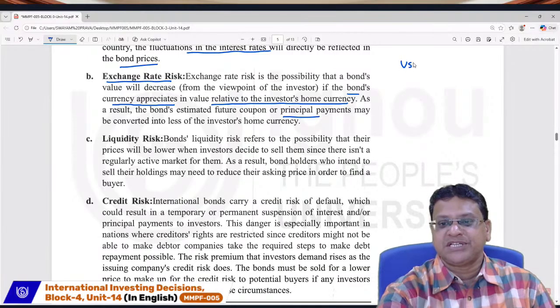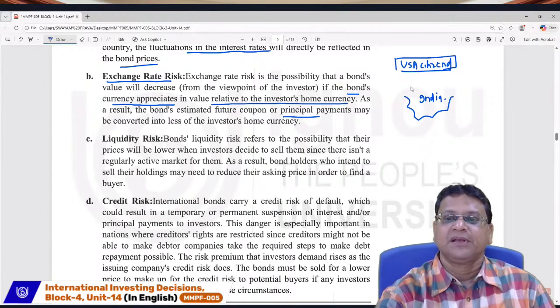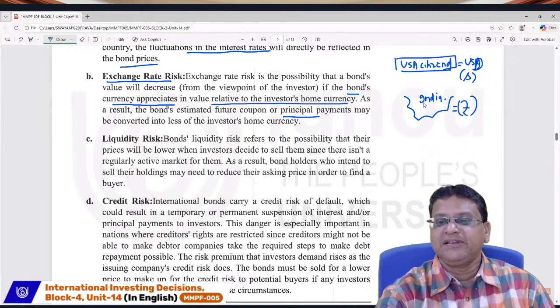Suppose a US citizen in USA invests in India. In USA, their currency is USD, US dollar, and in India, currency is rupee. Where does he invest? He invests in India.